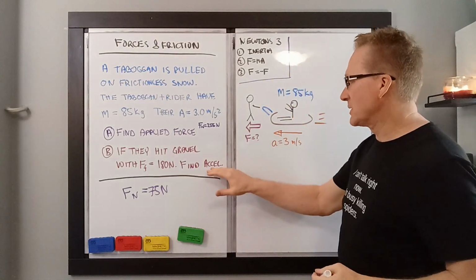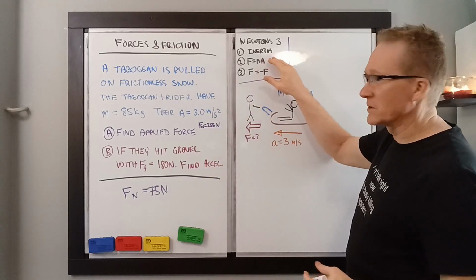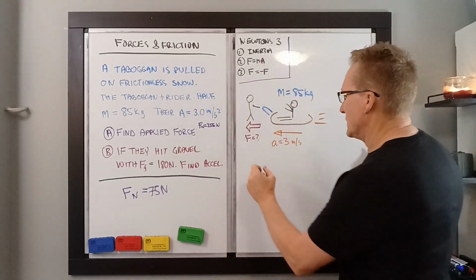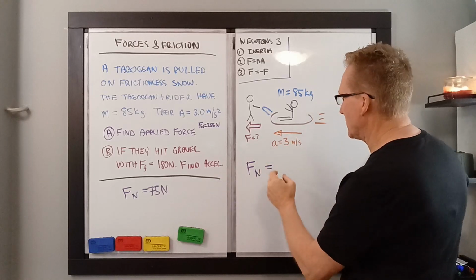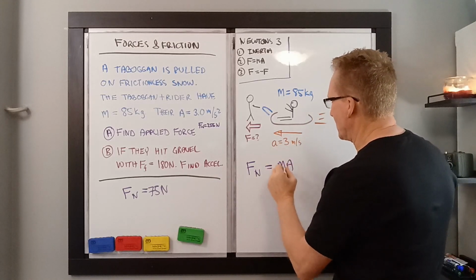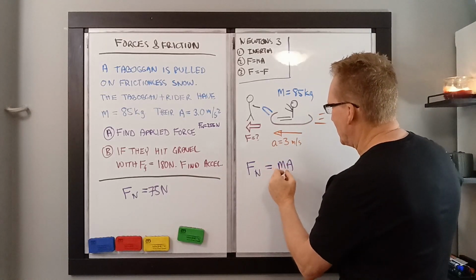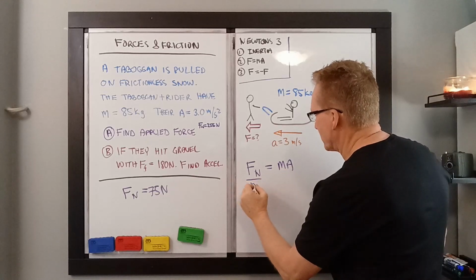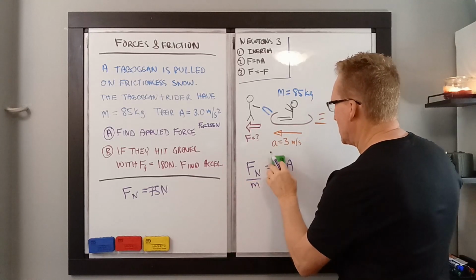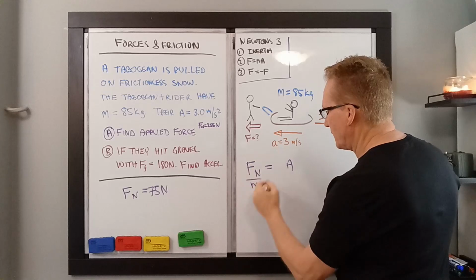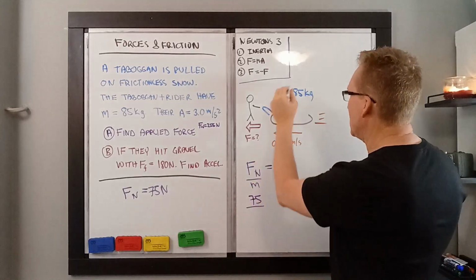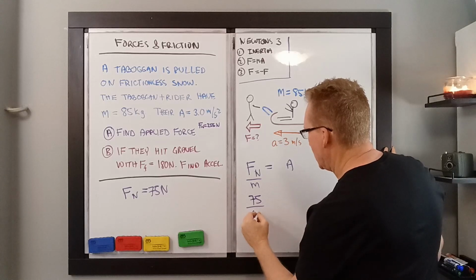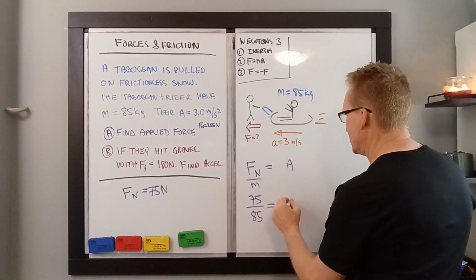So what's going to be the new acceleration? Well, we again have a net force, Newton's second law, and the new net force, after you've taken friction into account, is going to equal the mass times acceleration again. In this case, we can divide both sides by the mass, and we're going to get the acceleration is equal to the new force divided by the mass, or 75 divided by this total mass, 85, which is 0.882.